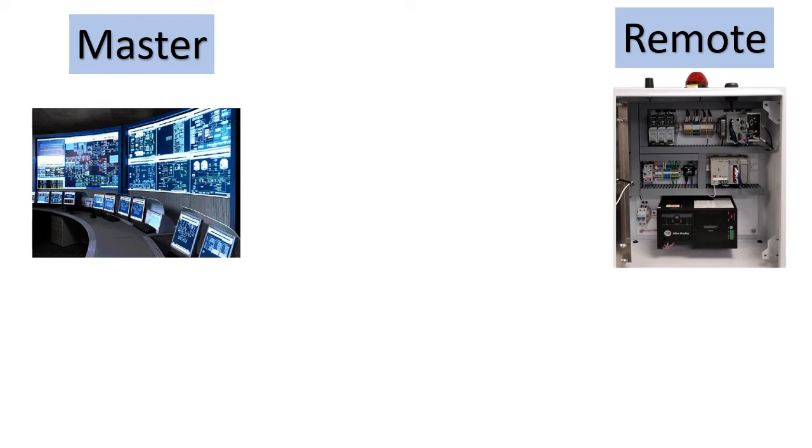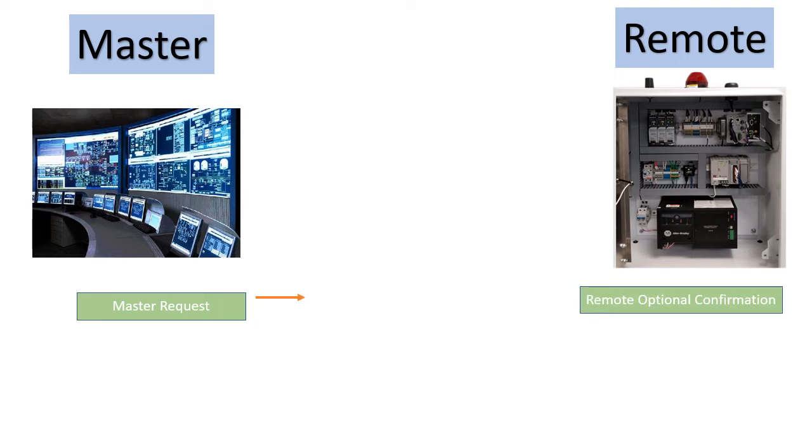So what different types of communication are available? There is basically a master and a remote, and the master can request data from the remote. The remote may be busy at the time and say, "Hi, I got your message. This is my confirmation.